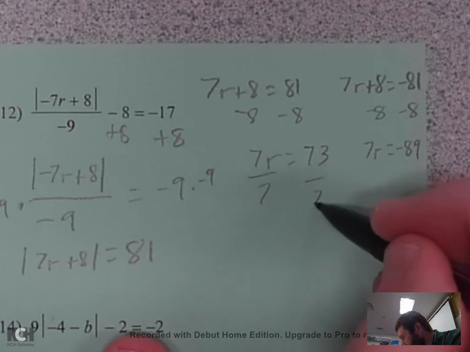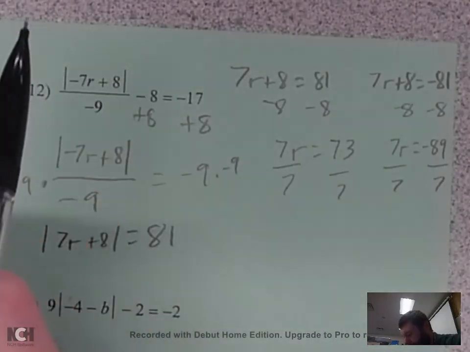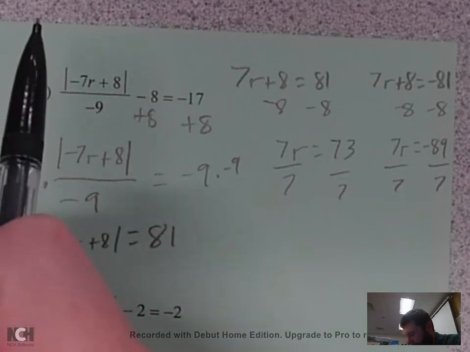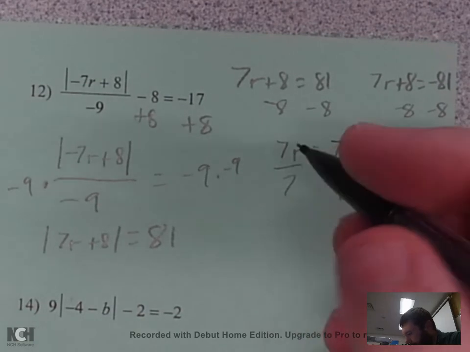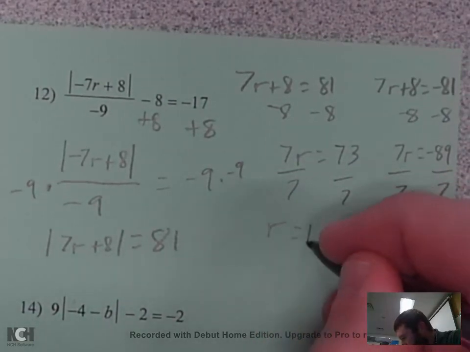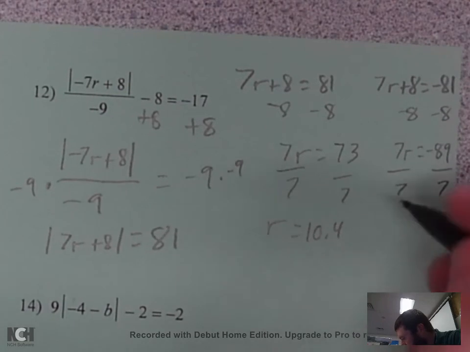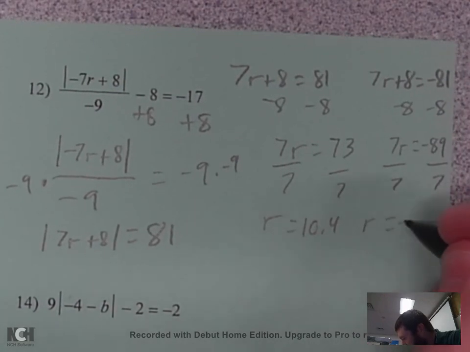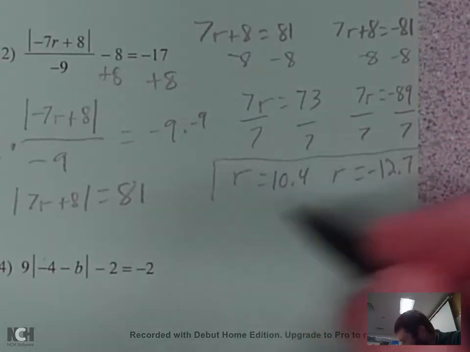You divide by 7 would be our last step, and 73 divided by 7 is 10.42 and so on, so we're just going to say 10.4. And negative 89 divided by 7 is negative 12.7 and so on. So we're just going to say negative 12.7. And that would be my two answers.